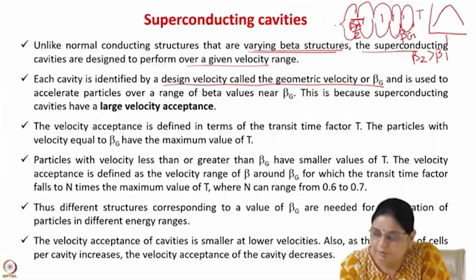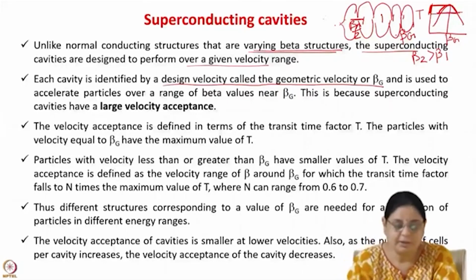Beta is the velocity. So this is beta g. The transit time factor is maximum for beta g. For other velocities around beta g, the transit time factor is lower. But then you define a range of transit time factor that is acceptable to you, and you can use the cavity for that range to accelerate the charged particles.